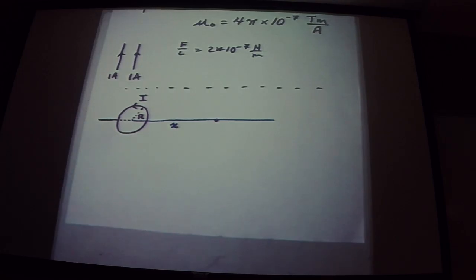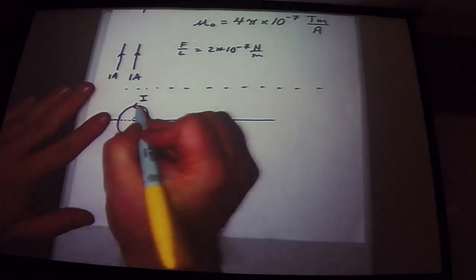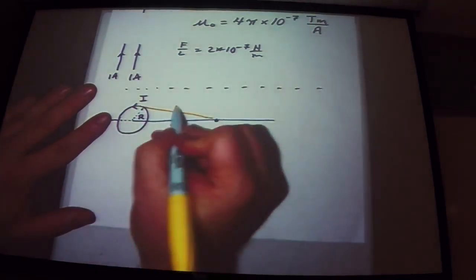If I looked at the direction of the magnetic field at each point here, I would draw that r vector. I would draw a little piece of current, my dl. So let's say my dl is up right here. And then I would draw my r vector right there.